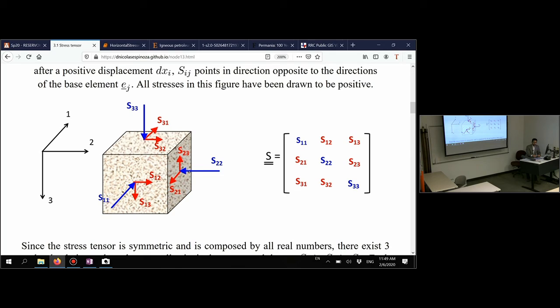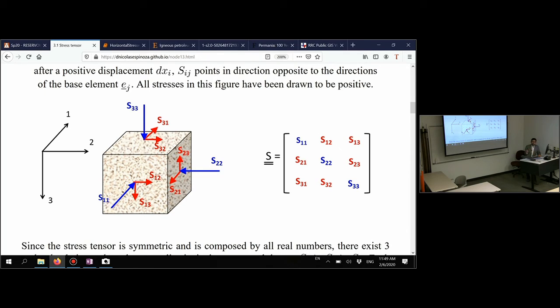That means they are applied on face number 2. Which is face number 2? It is a face which is perpendicular to axis 2. So there is just one face which is perpendicular to axis number 2, and it is this face over here. In that face, all the stresses start with S2, the first subindex.